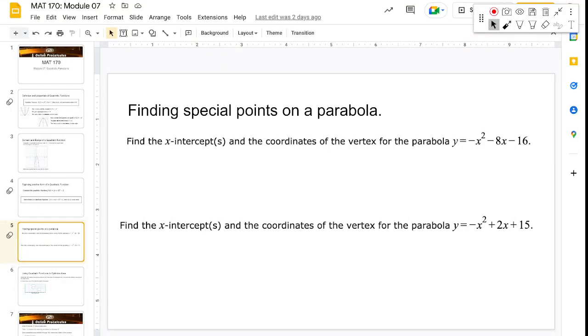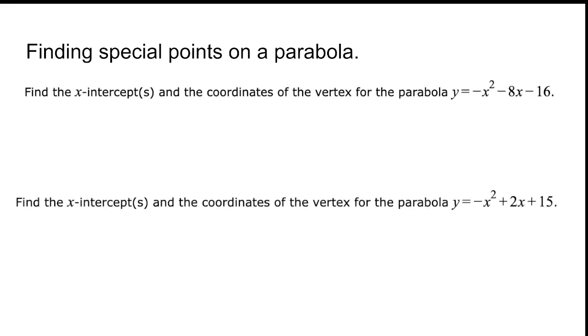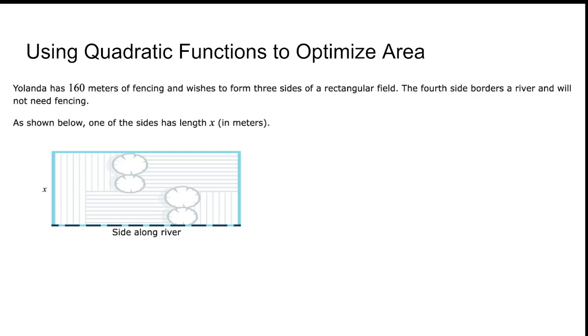Okay, so we've got one more example to look at. We're going to see how we can do some problem solving using this information. Okay. And then we'll get you working on using Desmos, being able to solve for x-intercepts and vertexes.